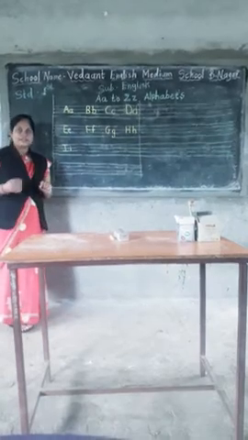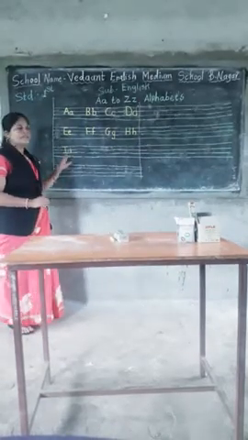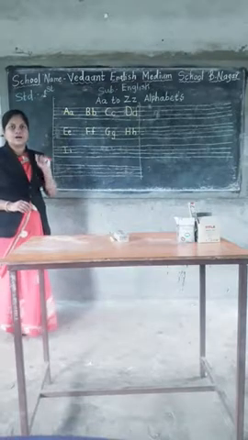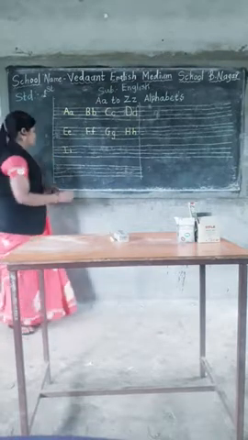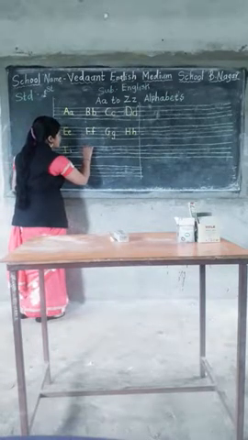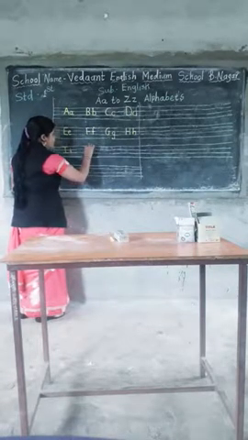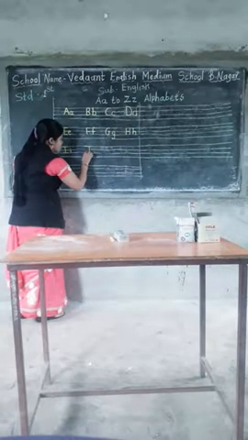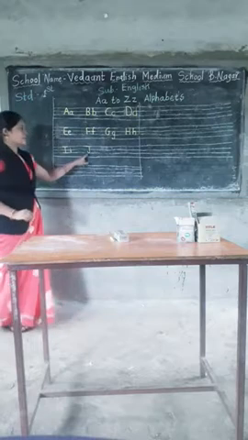Okay, after that which letter comes? After I, which letter comes? It is the J. So how to write it? Here is the small k.